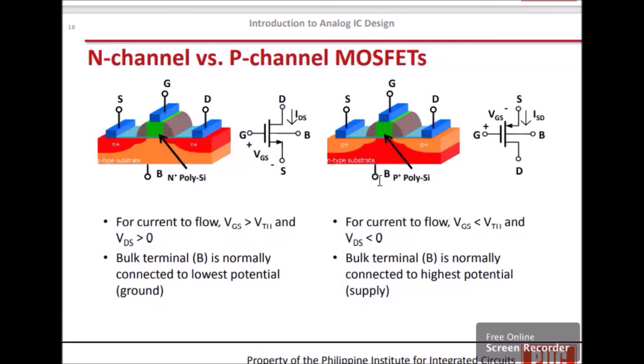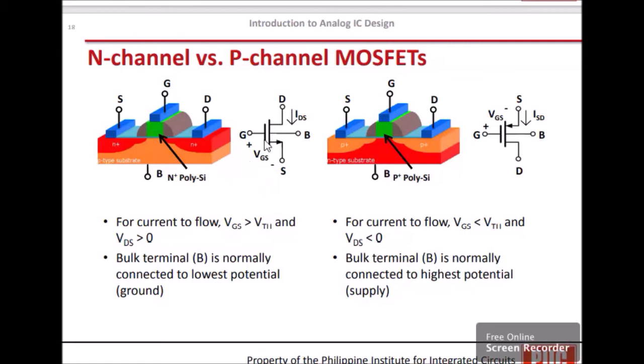Okay, so same pa rin naman, meron din siyang drain, gate, source, bulk. And again, sa iyong P-channel or PMOS, yung substrate mo is kabaliktaran ng iyong channel, para magkaroon ng division itong dalawa. So, instead na P-type substrate, pagdating sa P-channel, N-type substrate tayo.